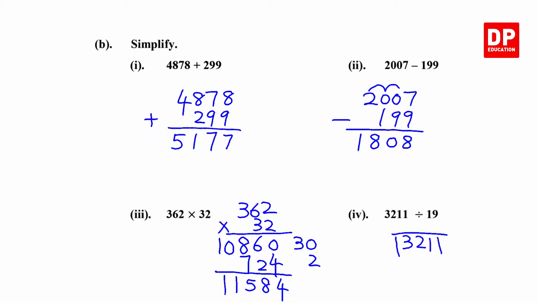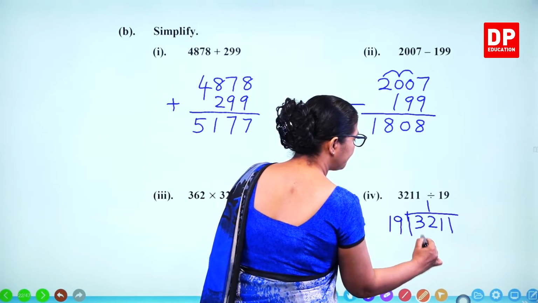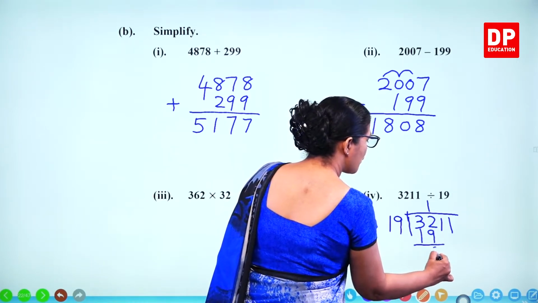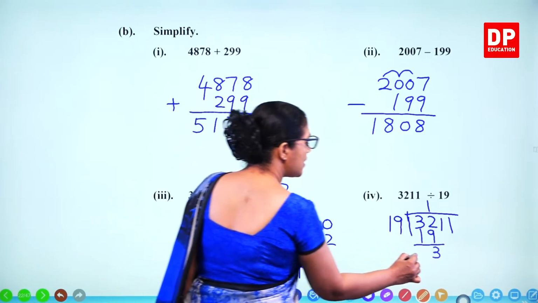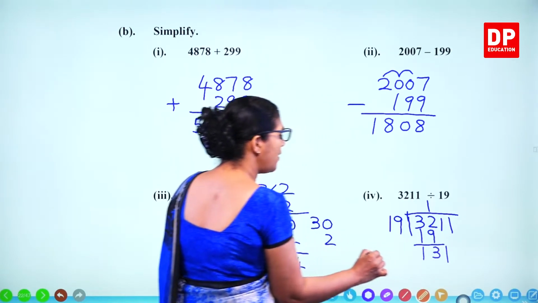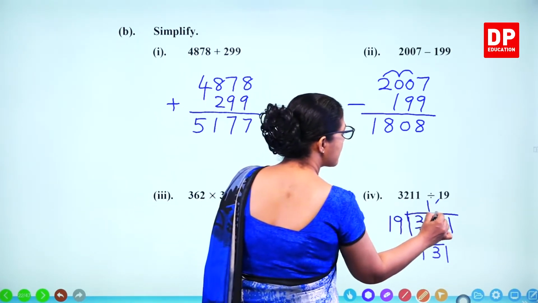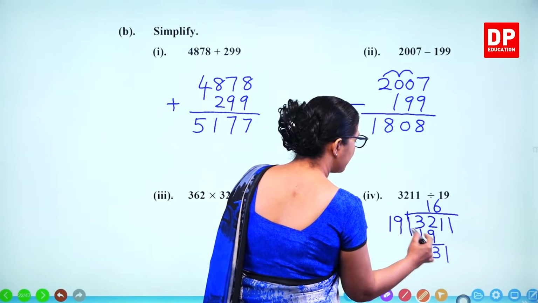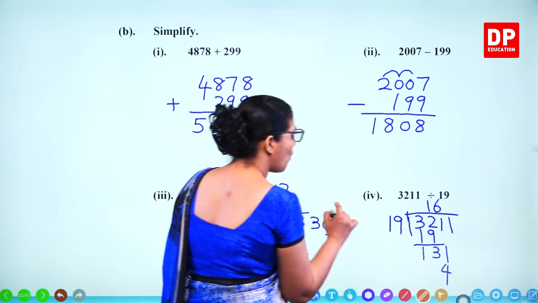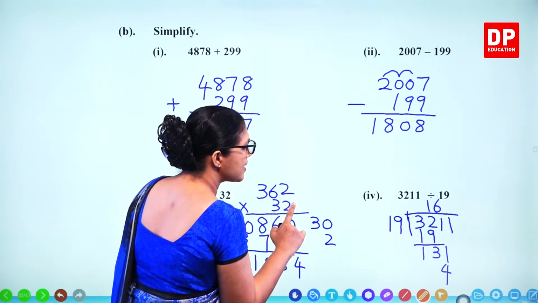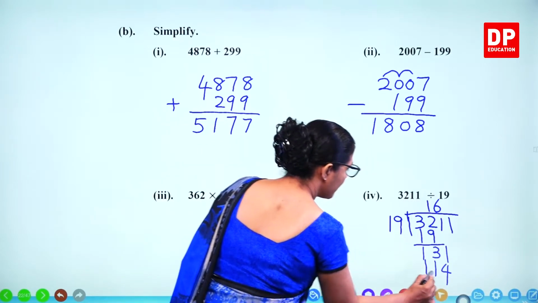Now division. 3,211 divided by 19. So 19 times 1, 19. So what's remaining? 13 remaining. 131, you get 6. 6 times 9, 54. 5 remaining. 6 times 1, 6 plus 5, 11.